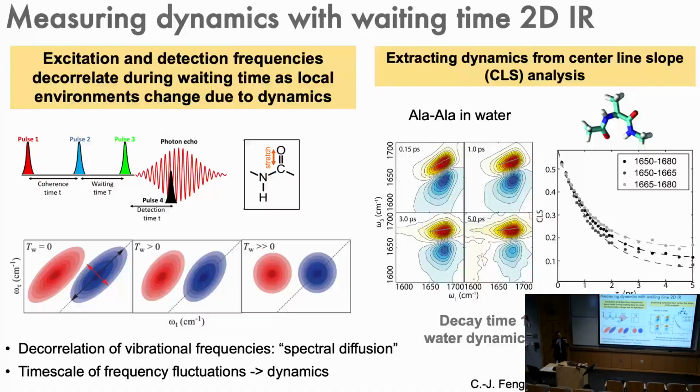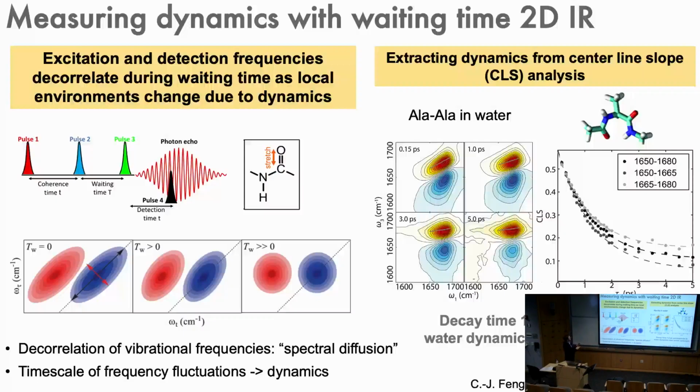So you allow the solvent to move around and change the frequency, because frequency is a function of electric field. As the solvent moves, the electric field changes, and the frequency changes as well. And so the last two pulses will now detect a different frequency, because now there's a gap between the first two and the last two.